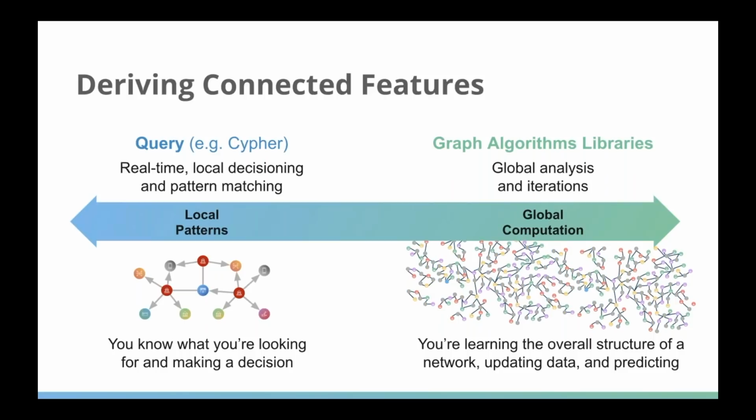And there's a sliding scale over to the other side of this diagram, where on the right-hand side, we're talking about graph algorithms, which in this case are globally analyzing the data. So we're often taking into account a much bigger part of the graph than just that local subgraph around a particular node, maybe even looking at the whole graph, or at least a specified subgraph, to work out some sort of computation, and then we're going to use the result of that as a feature.